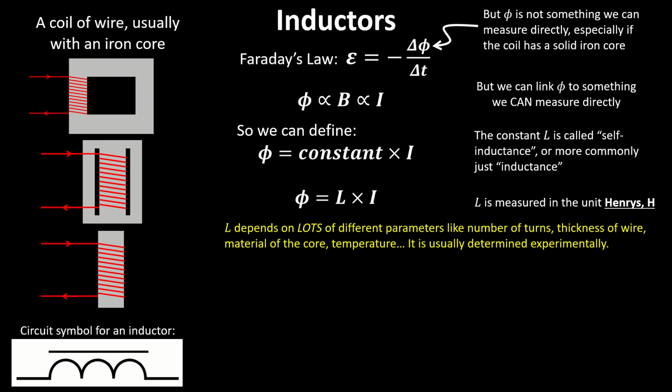Magnetic field strength is hugely dependent on temperature. And lots of other things as well. So it's not something that you can easily write a formula for based on the properties of the coil. It's usually something you measure experimentally. So literally you make a coil, you put some current through it, and you measure the magnetic field strength.